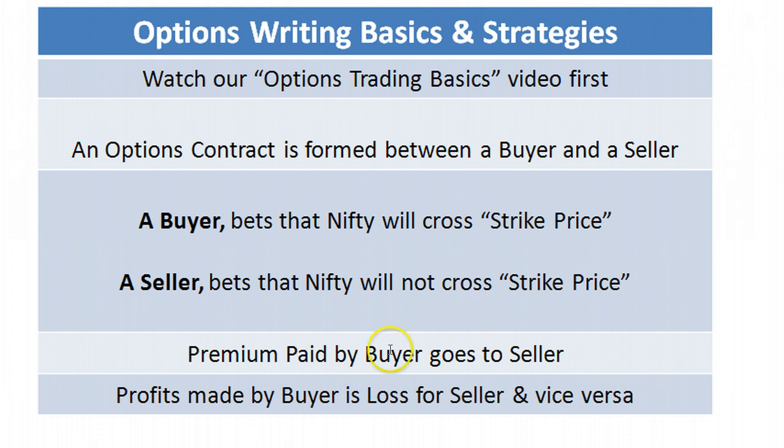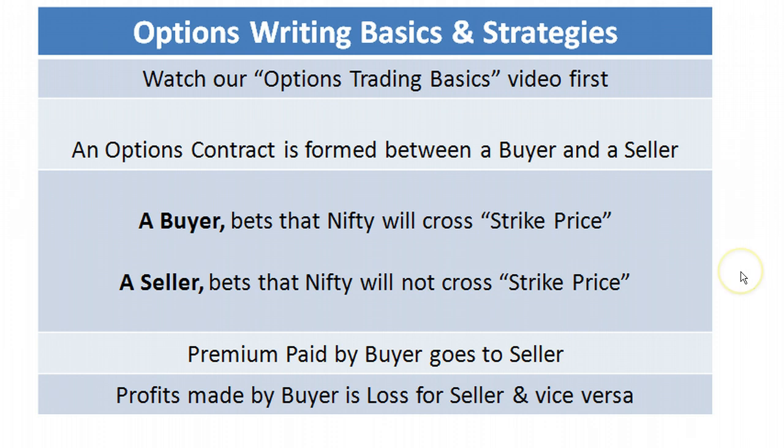So basically the premium paid by the buyer goes to the seller, and when the seller or the buyer chooses to square off, the reverse will happen, meaning the buyer will get back the premium when he's selling, and the seller will need to give back the premium when he's choosing to square off his positions. So the profits made by a buyer are a loss for the seller and vice versa.